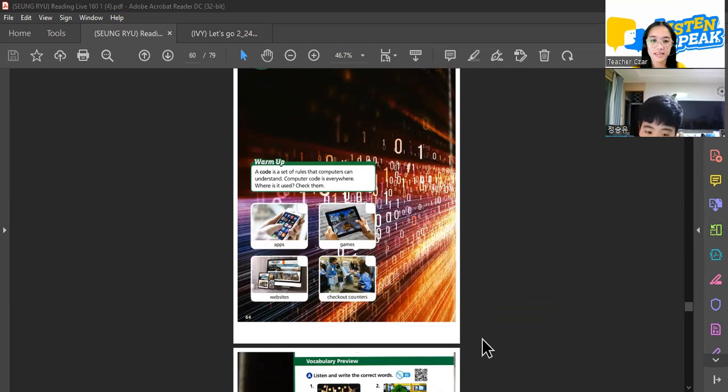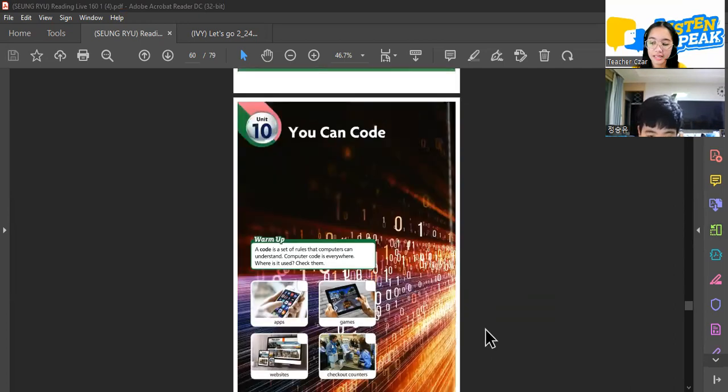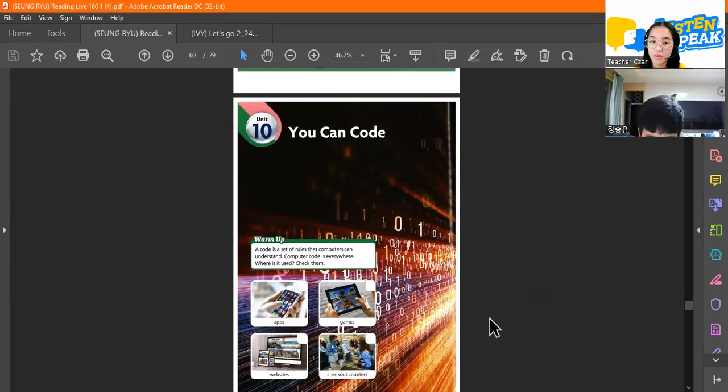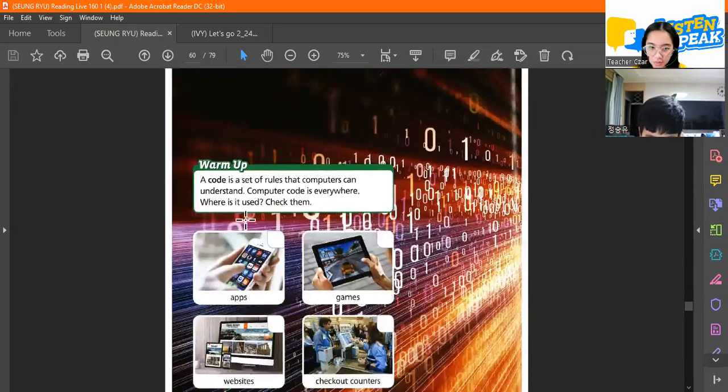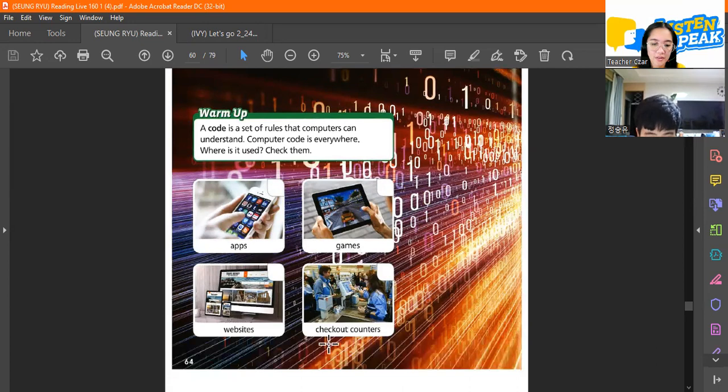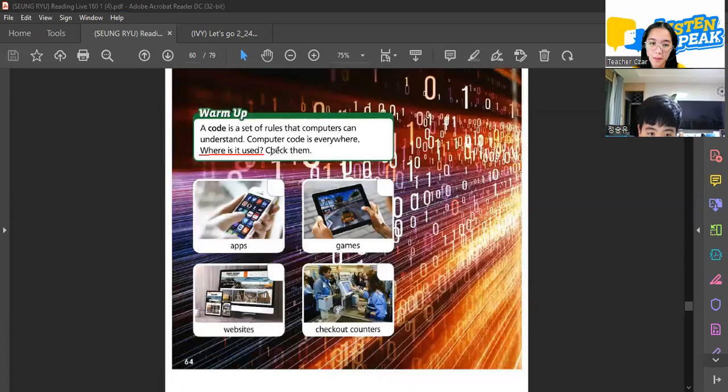Yes. Okay. So here we will be having unit 10 of your book where we will talk about the code, which is this one. So once again, a code is a set of rules that computers can understand. And computer code is everywhere. So let's try to have this one. So where is it used?